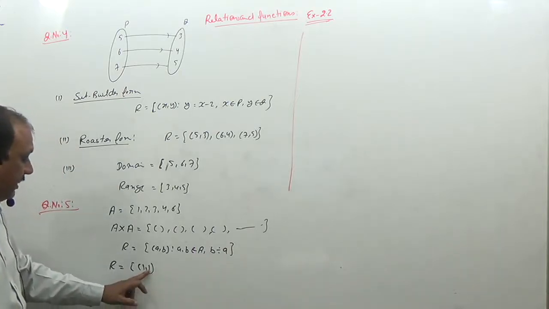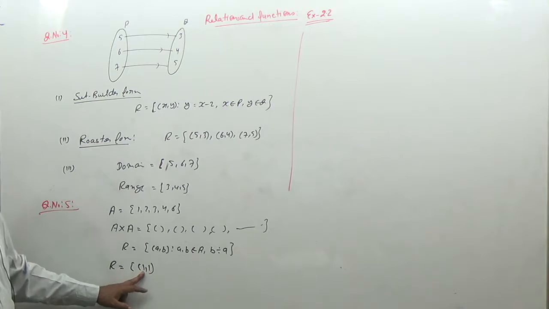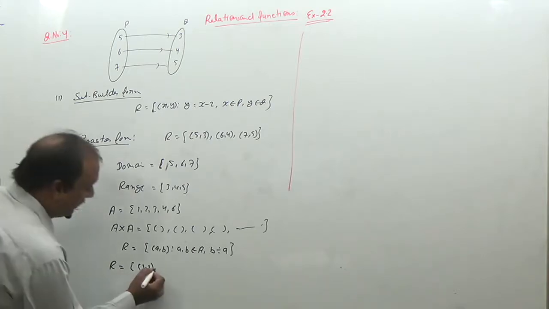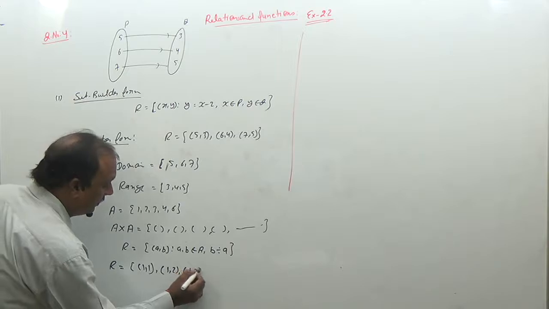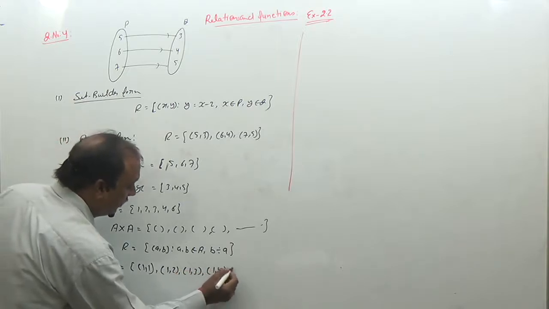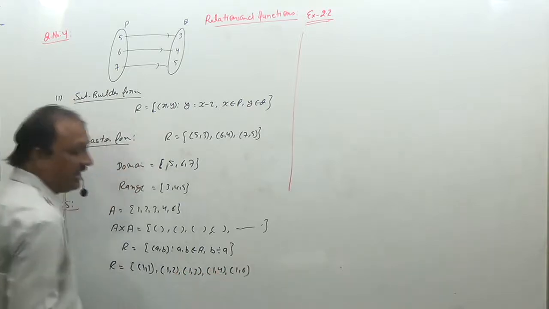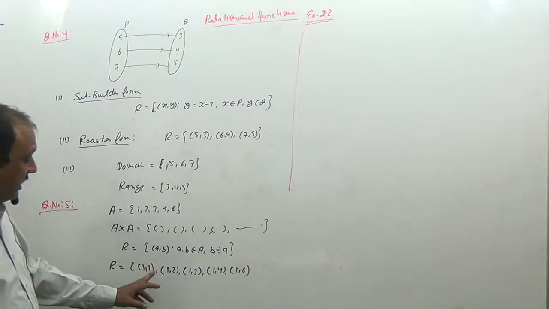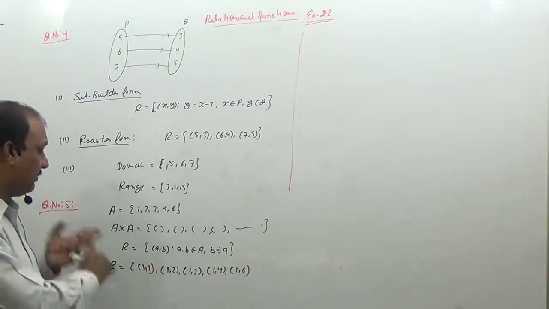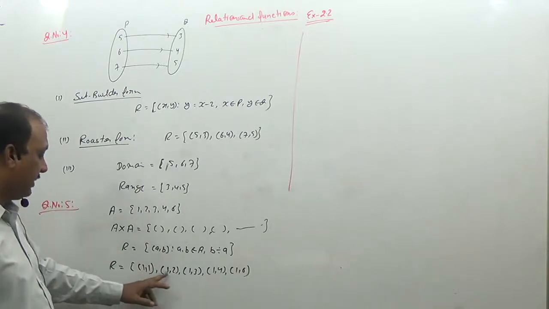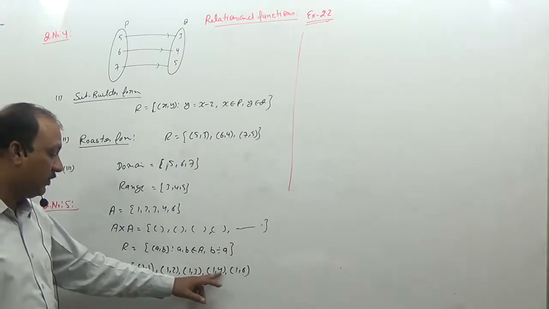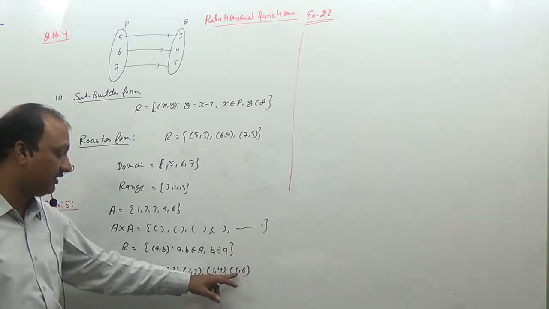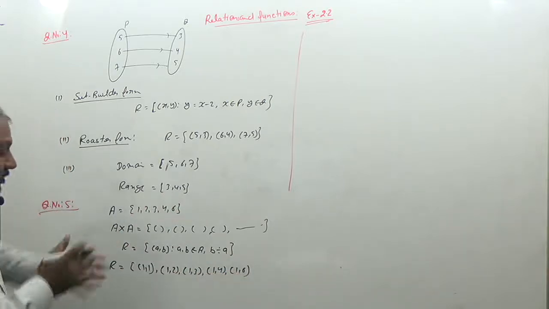The second element is exactly divisible by the first. Next ordered pairs will be 1 2, 1 3, 1 4 and 1 6. Why? Because every number is divisible by 1. So 1, 2 is divisible by 1, 3 is divisible by 1, 4 is divisible by 1 and 6 is divisible by 1. First we took 1.